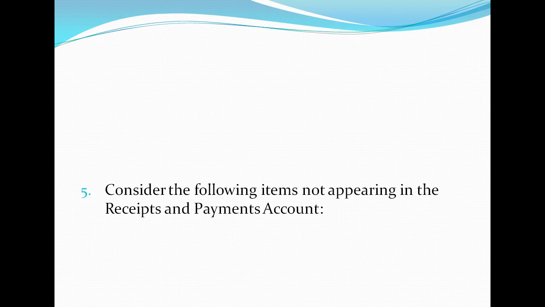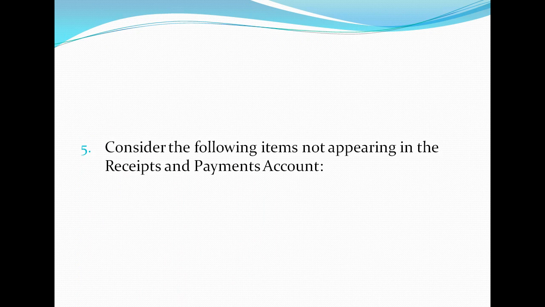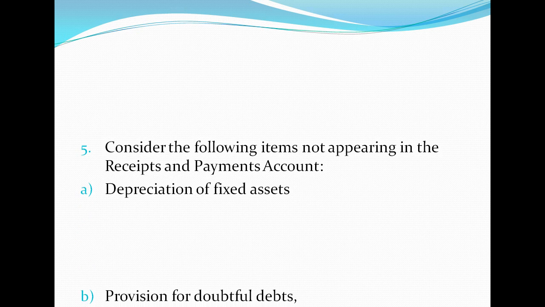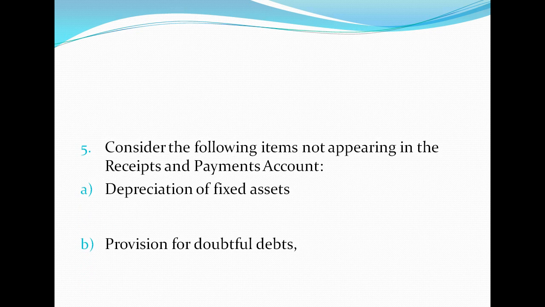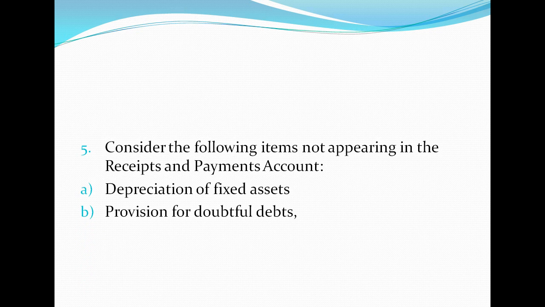In addition, we have to consider the following items which are not appearing in the receipts and payments account. First adjustment is depreciation on fixed assets, which should be shown on the debit side of income and expenditure account. The second item is provision for doubtful debts.